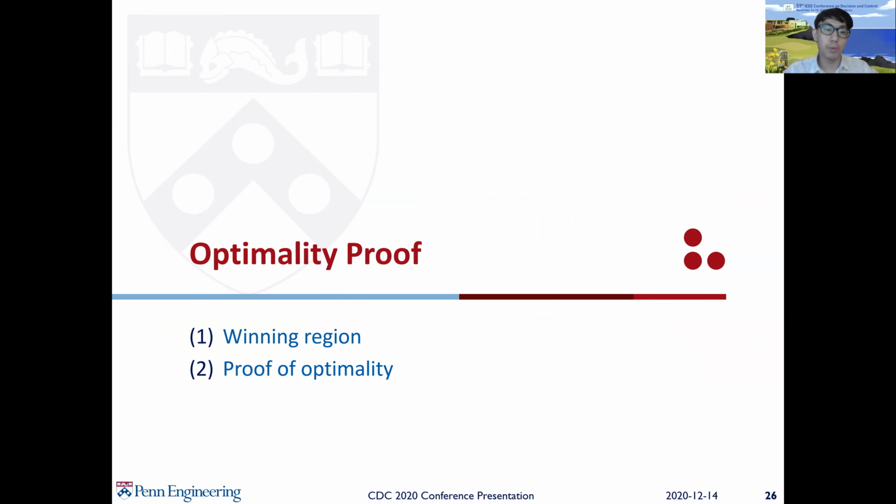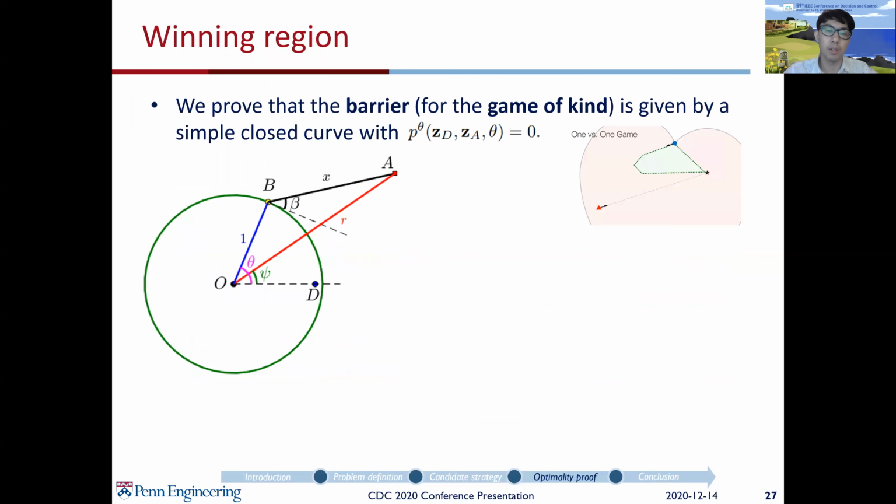So let us prove the optimality for this game. We first define the winning region and also prove the optimality. We prove that the barrier for the game of kind is given by a simple closed curve where this quantity is 0.